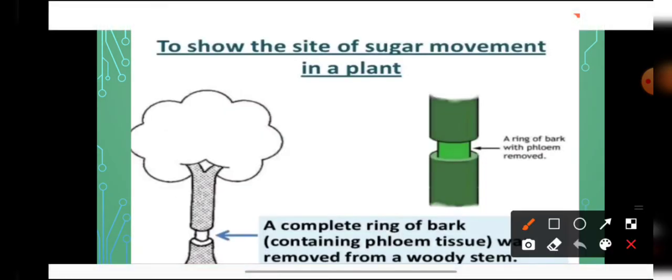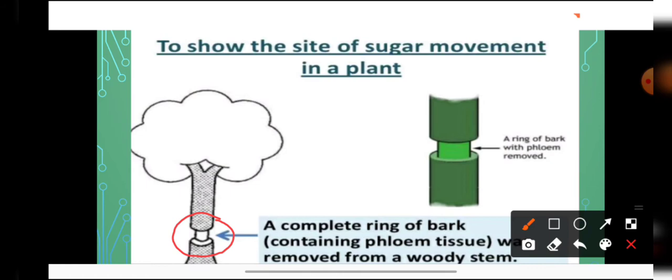So to show the site of sugar movement in a plant, we will perform the ringing or girdling experiment. And what we do in the ringing or girdling experiment is that a complete ring of bark, which contains the phloem tissue, is removed from the woody stem. So we have removed the bark, and this bark contains the phloem. It means we are interrupting the passage of the movement of food materials.